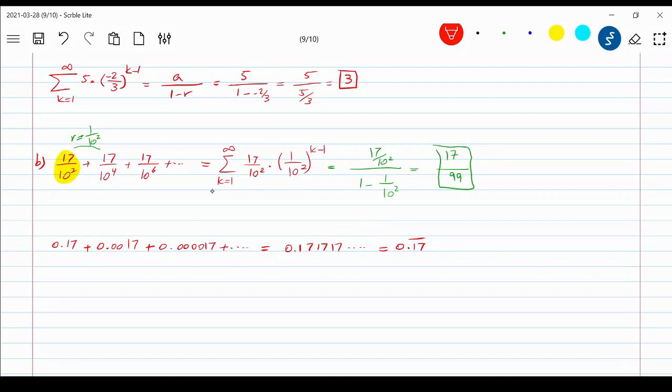And what we showed is that this number is exactly the same as 17 over 99 in terms of fraction. You can use your calculator, divide this in your calculator to see if that's exactly the same number that you have or not. If you type this in the calculator, you should get 0.1717, and so on.